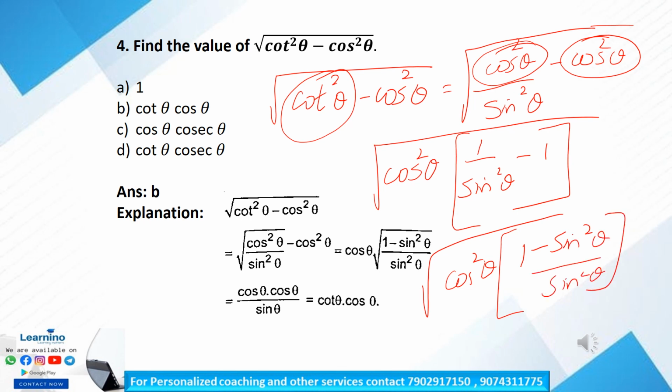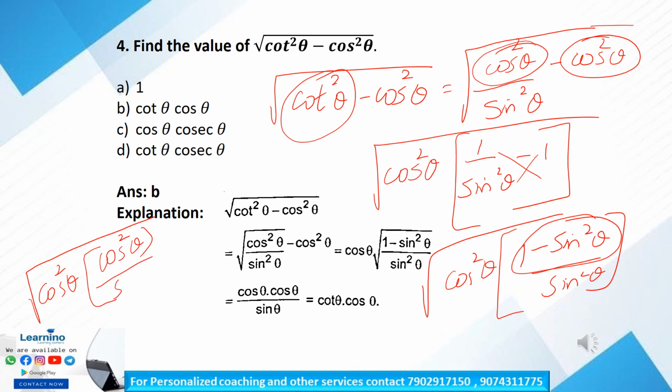That is, we can cross multiply here. Inside the bracket, we will get 1 minus sine square theta by sine square theta. Is that clear? So what is 1 minus sine square theta? We can write 1 minus sine square theta again as cos square theta, right? So root of cos square theta into cos square theta by sine square theta, isn't it?